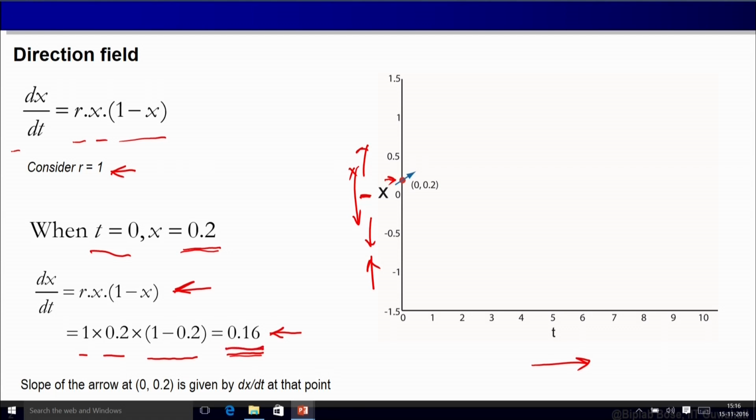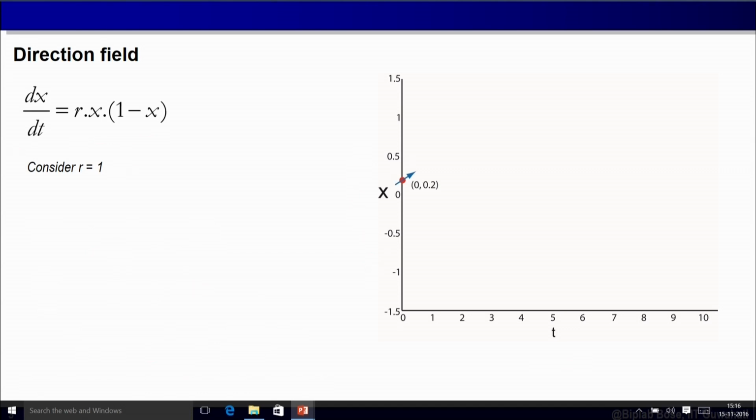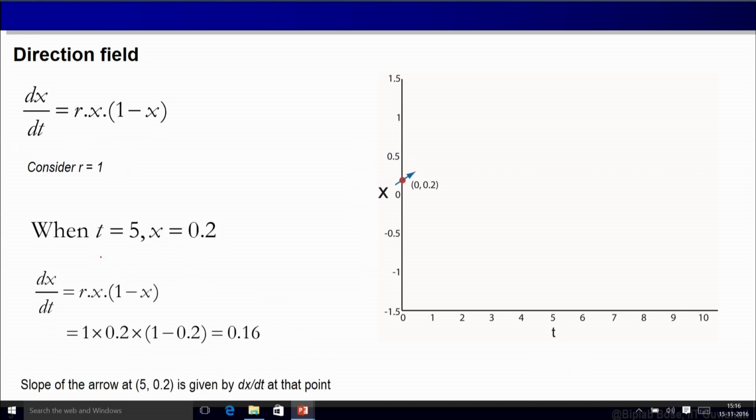So what I have shown here in the graph, I have taken a point at 0.2 in this space of x versus t, and then I have drawn an arrow there having a slope equal to dx/dt at that point. Let us take another point, for example, t equal to 5 and x equal to 0.2.